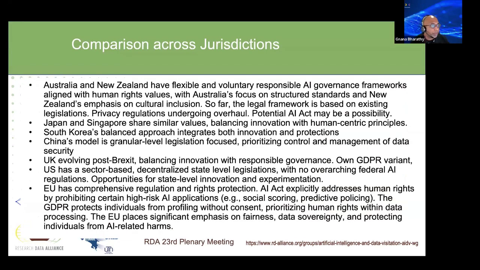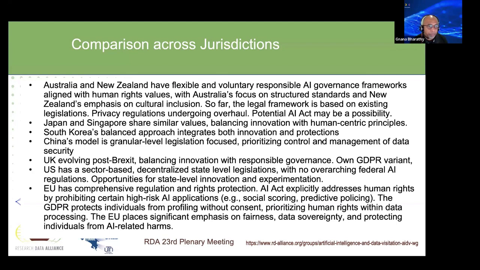So between the two, a number of things are evolving, and Australia and New Zealand offer a flexible approach, as opposed to some of the more prescriptive approaches that have evolved elsewhere, including a number of other Asian countries.